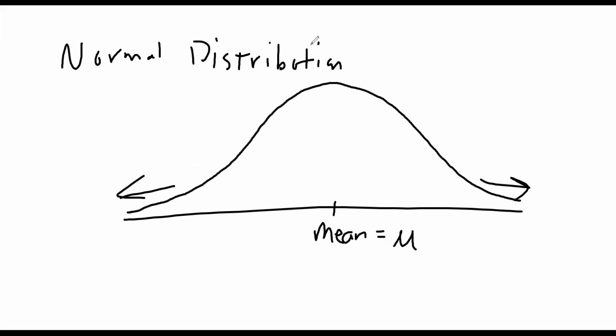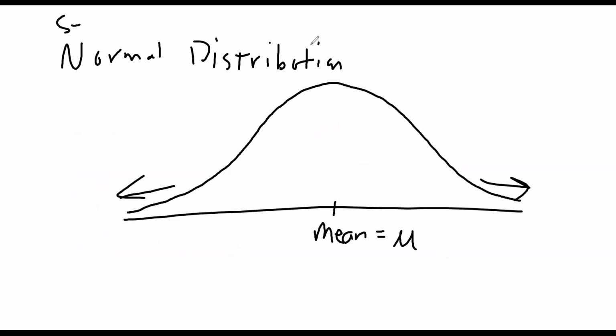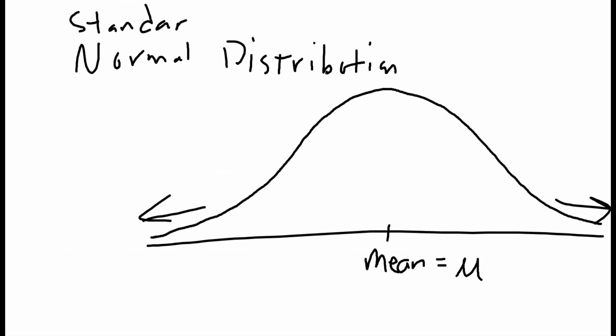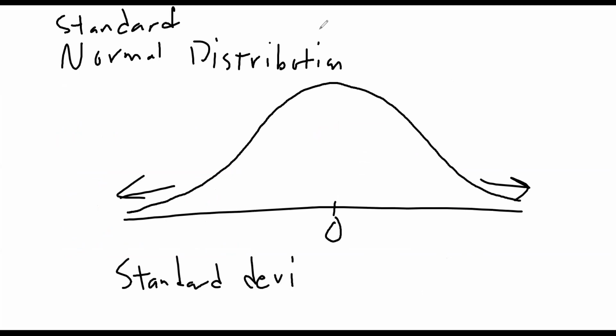But what is a standard normal distribution? Well, a standard normal distribution is just a bell curve with a very specific mean and standard deviation. A standard normal distribution has a mean of 0, meaning that in a standard bell curve, the center is always 0, and the standard deviation is 1.